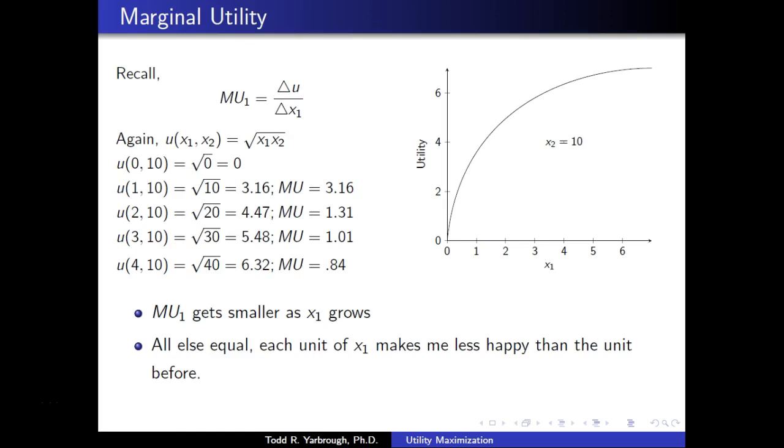Okay, so what I want you to do now is imagine we're going to stick with the same utility function. Now we're going to think about all the different bundles of x1 and x2 which yield me the same level of utility. Right? We can see here I have all these different levels of utility stemming from these different bundles.